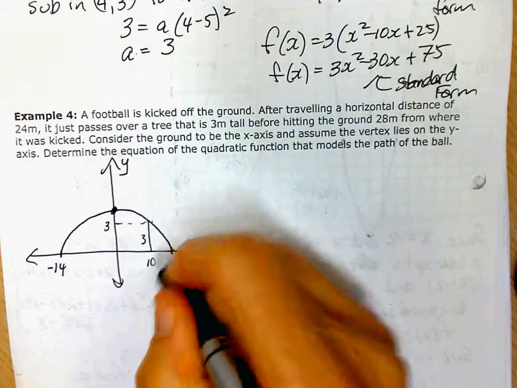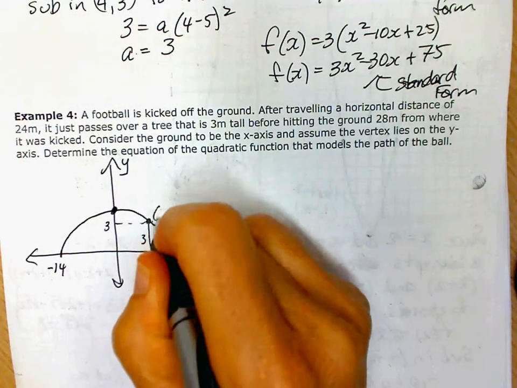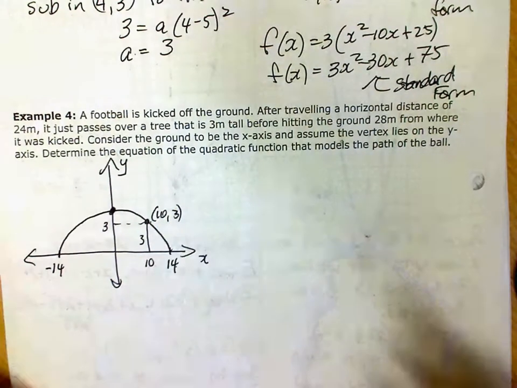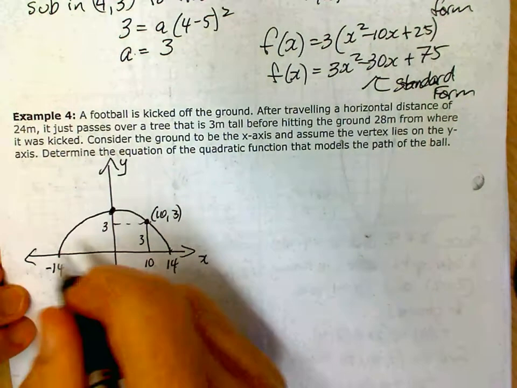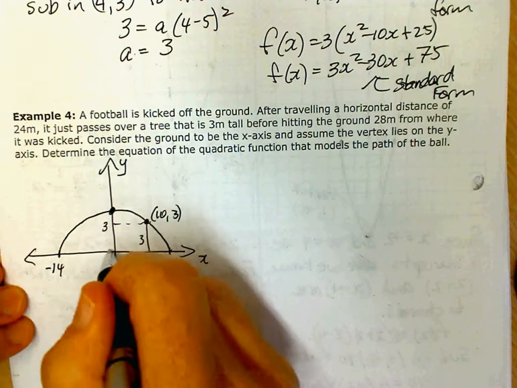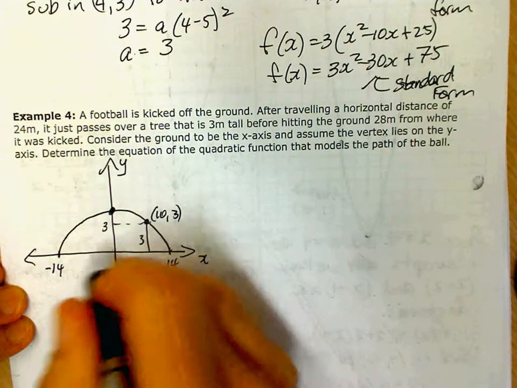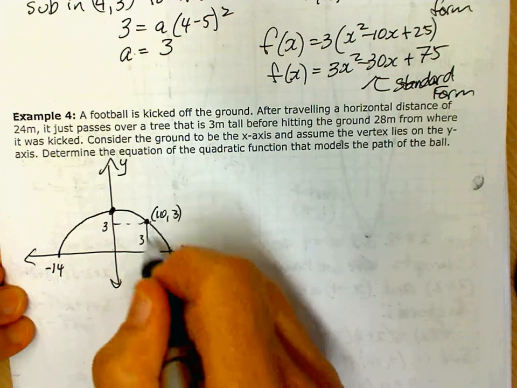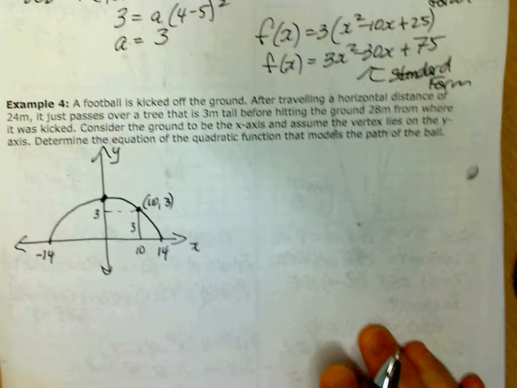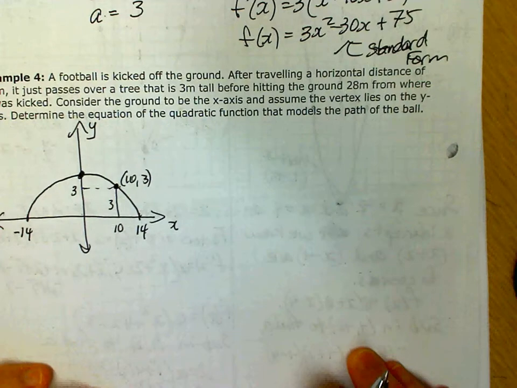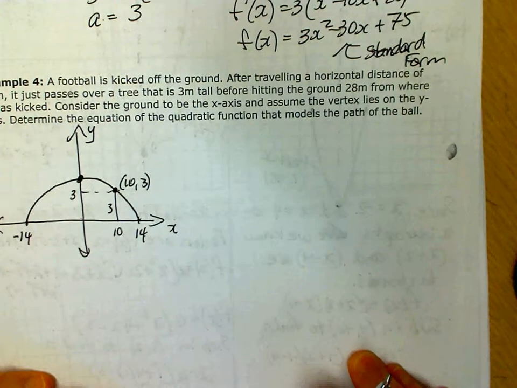Can you see that this point is 10 comma 3? Because it travels 14 plus 10 is 24 meters. It passes a tree that's 3 meters tall. So that point. So we have two x-intercepts and we have a point. So we can find the equation.